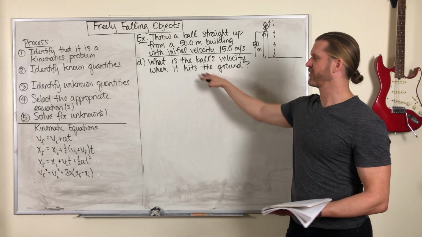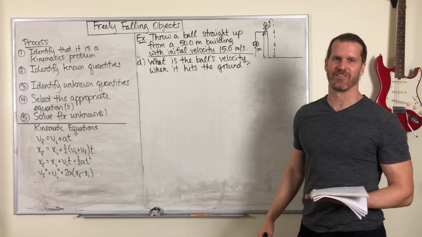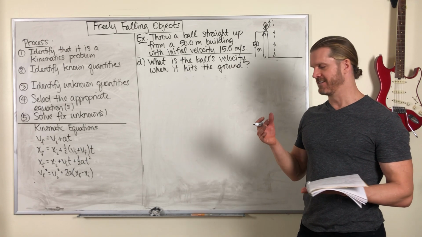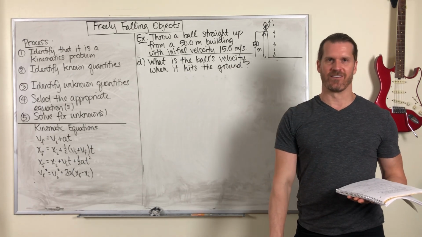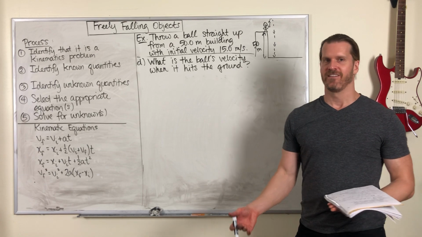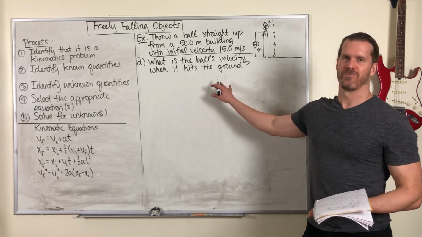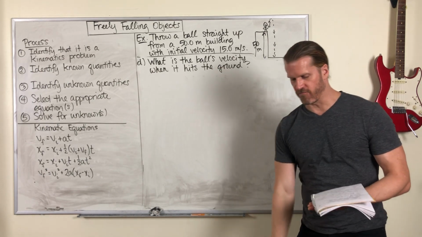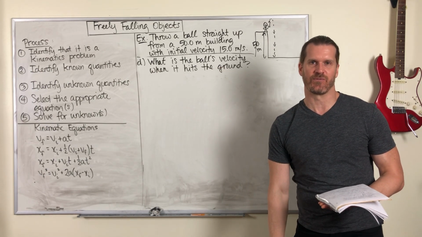Keep in mind that this is how people talk in physics. Now, obviously, after the ball has hit the ground, it stops. But we're not asking after it's collided. We're saying, what's the velocity right at that instant before it strikes the ground?